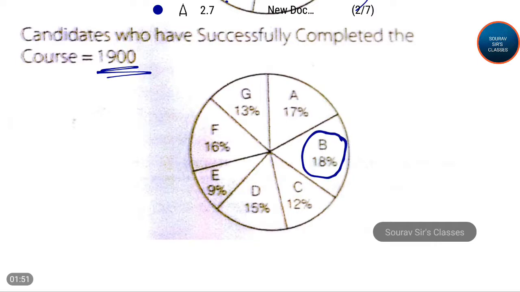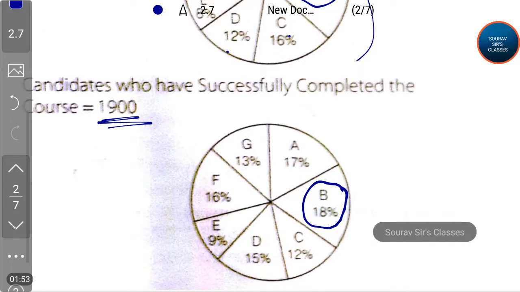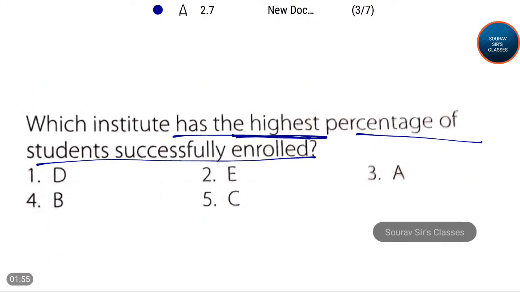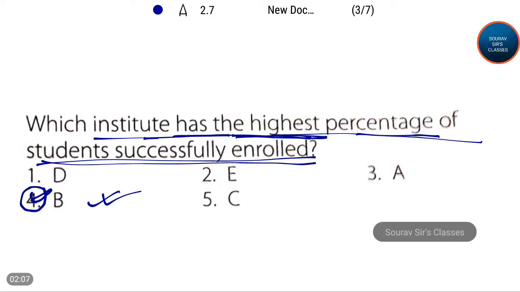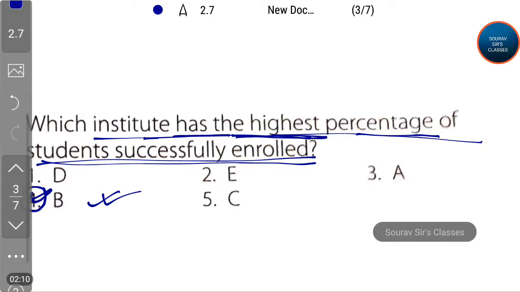So in this question, option 4, that is B, is the institute that has the highest percentage of students successfully enrolled. So option 4 is the correct answer.